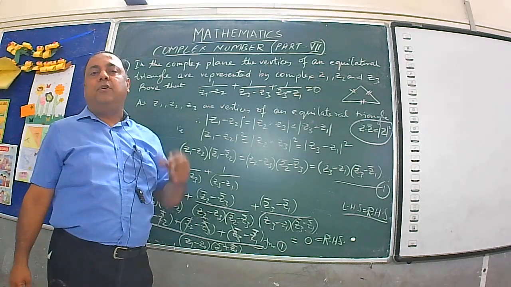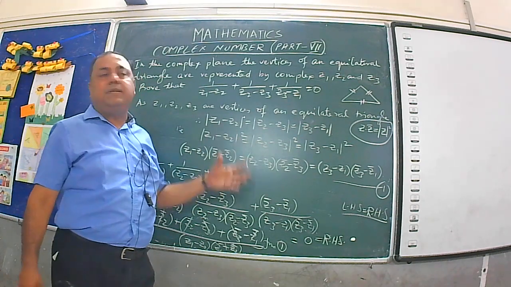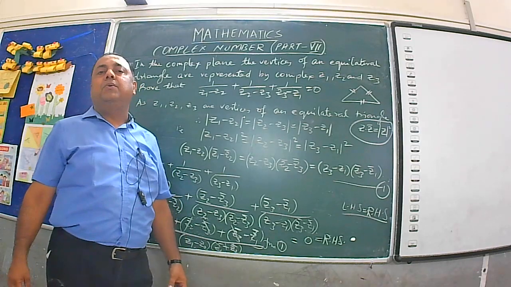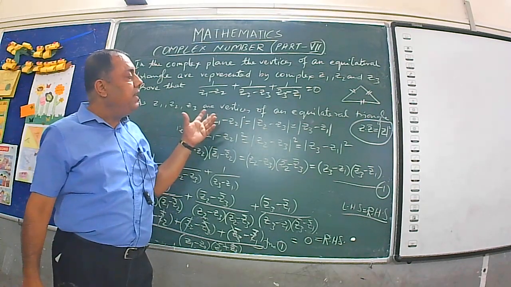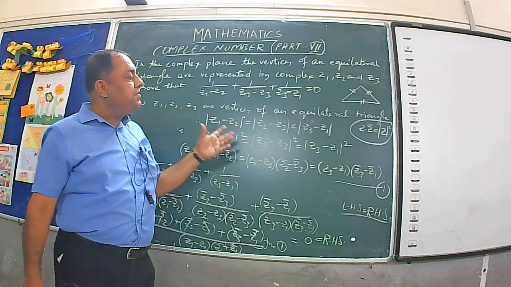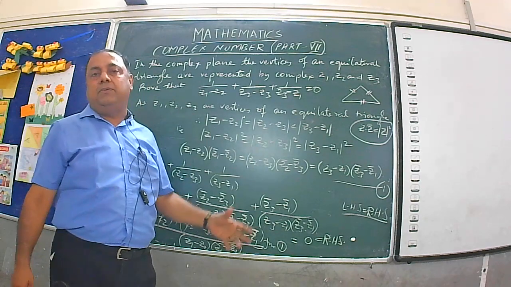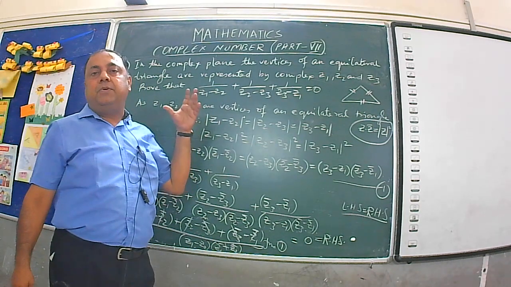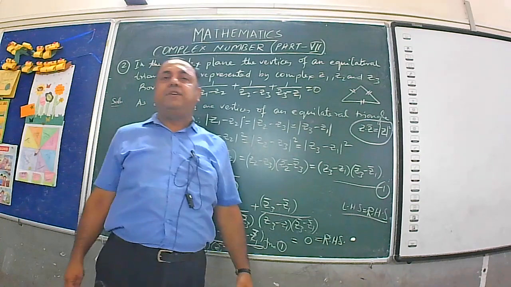And for your competitive exams, you have to work these types of problems quite regularly. These are problems which require a lot of preparation, a lot of solved examples you need to see, and you need to work them out. After prolonged practice, you would attain perfection.